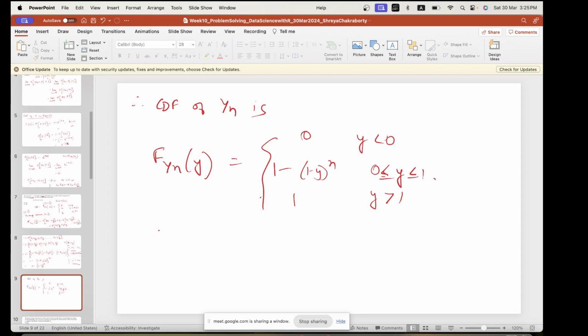Alright, now we have to show Yn tends in probability to 0. This is what is to be shown. We have to show the limit as n tends to infinity of the probability that |Yn| is greater than epsilon is equal to 0.